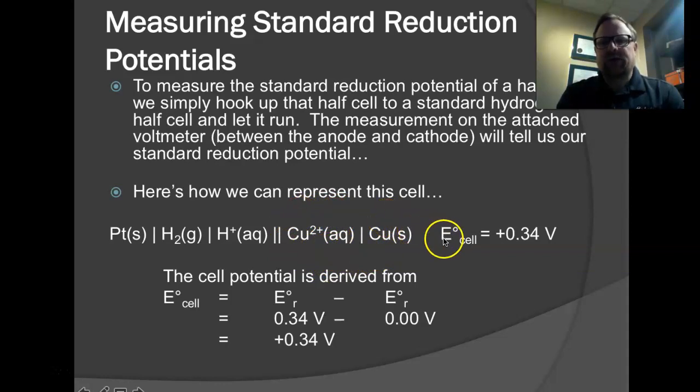And if we hooked this up together, this would end up producing positive 0.34 volts on our voltmeter. We would register what we'd have on the voltmeter, and we could substitute in the value we didn't know. Maybe we didn't know the copper here, so we would put that as a question mark or an X, and then we would solve, and we would figure out that it'd be positive 0.34 volts. Hope that made sense. If it didn't, track me down, and we can discuss it again.